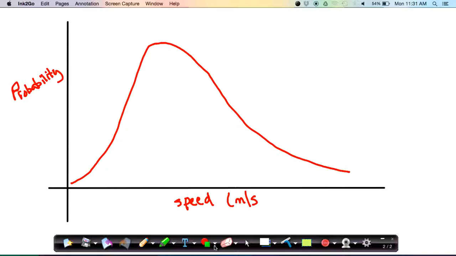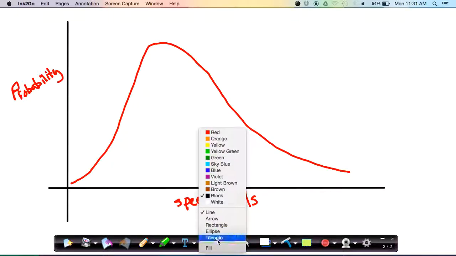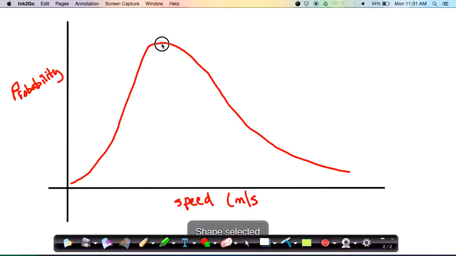On the Boltzmann distribution, if you look at the value associated with the peak of the distribution, so we're going to pick the most probable speed here, or what you guys would know from math class as being the mode of this sample of speeds.